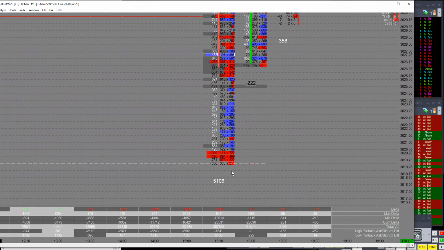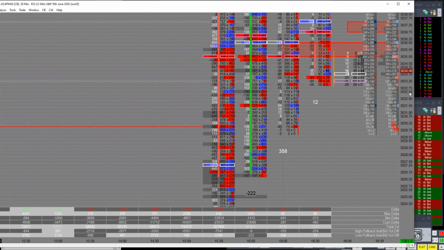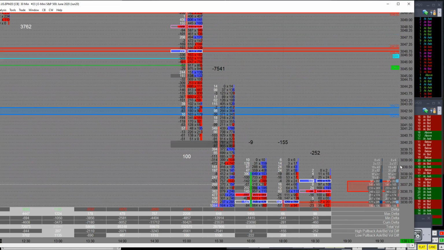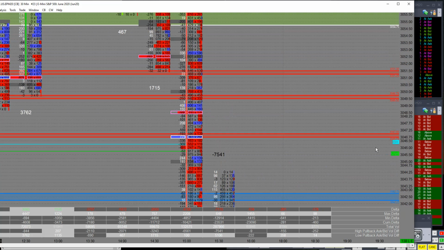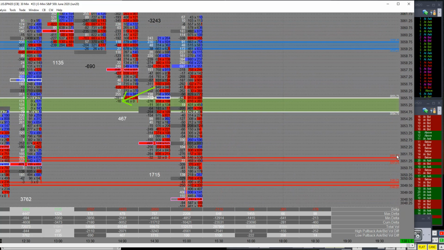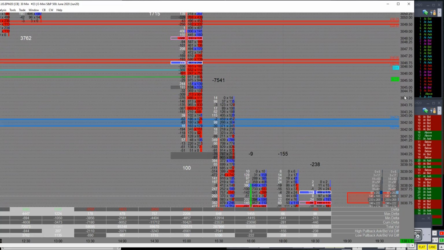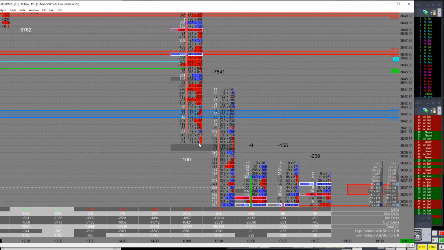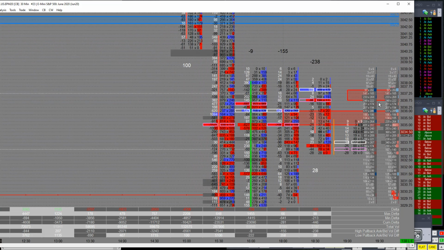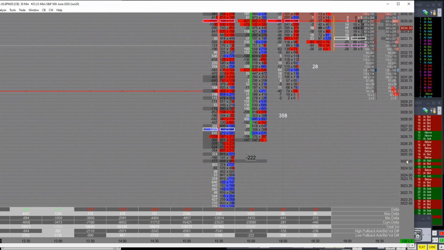And what's an imbalance? Let's just look at an example. I don't think I have my thing here showing the imbalances. For some reason it's not showing the imbalances here. So anyway, quickly, if we see an imbalance on the buy side, I'm going to show you.